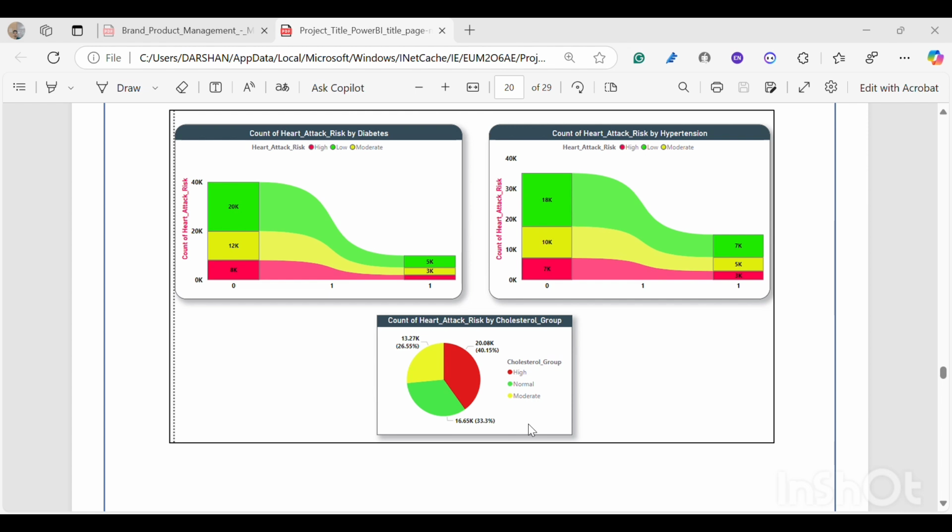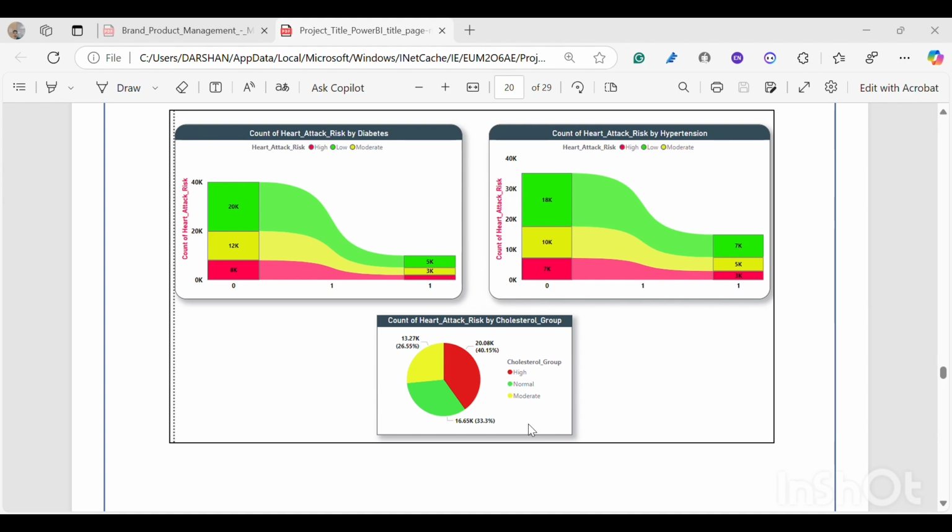Then if you fall under the normal cholesterol group, in that case you still have a 33.3% chance of getting a heart attack. And if you fall under the moderate category with respect to cholesterol level, then there is a 26.55% chance of getting the heart attack risk.